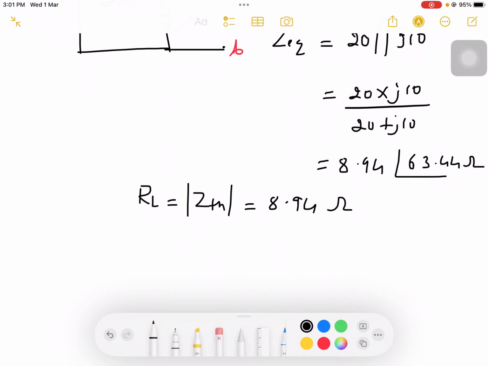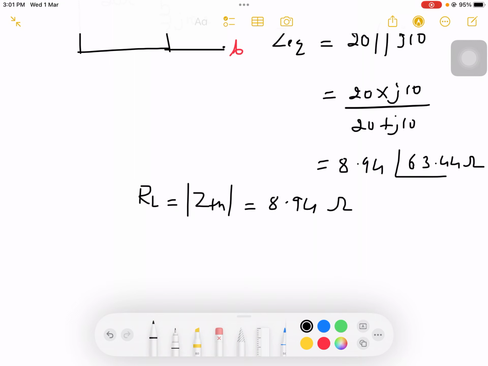Next I need to find the voltage. Since I want to find the current, I know the formula I is equal to V by R, so once I know that, it will be easy to determine the value.